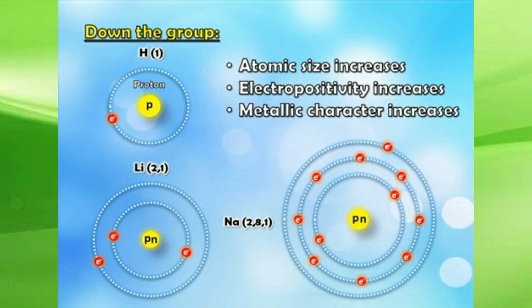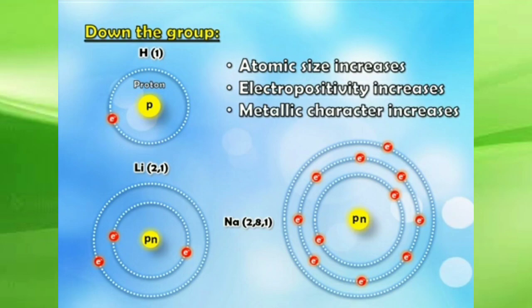That means they have a tendency of electropositivity. So if electropositivity increases, metallic character will also increase, right? And the non-metallic character decreases as we go down the group. Are you getting me, children?